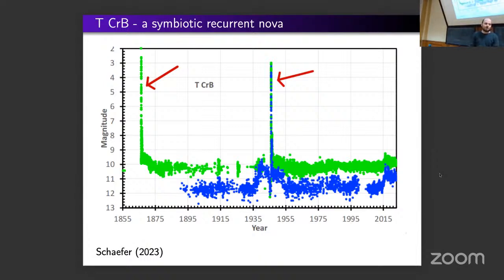Okay, so there was a similar behavior in the case of other classical novae. This high state accretion also could be like this. I think you had a paper on something similar. Yeah.